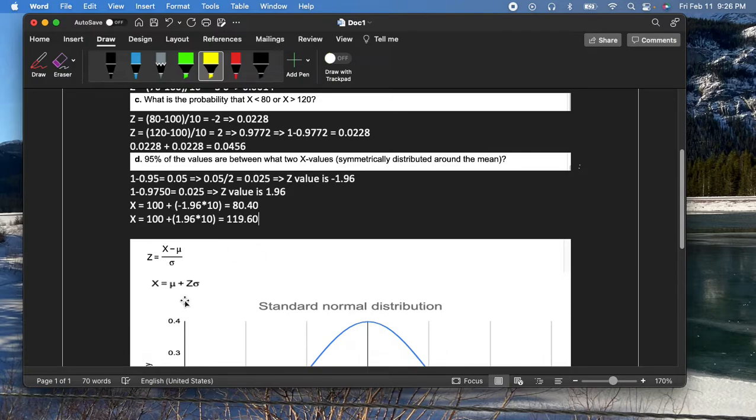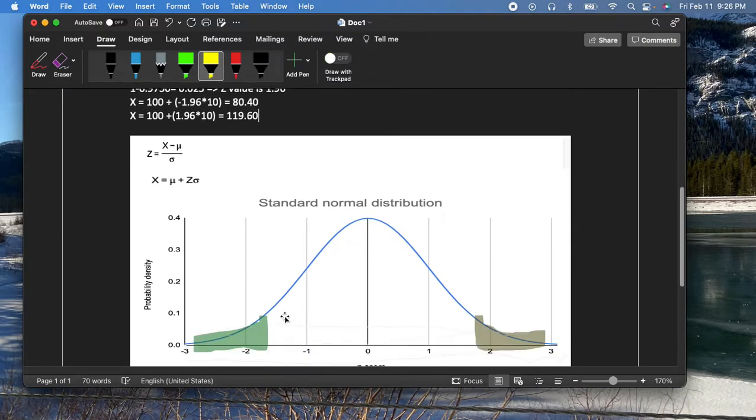So that gives us the answer, right? 95% of the values are between 80.40 and 119.60. So basically, the values are between here and here. This will be 80.40 and this will be 119.60. So these are our values here.